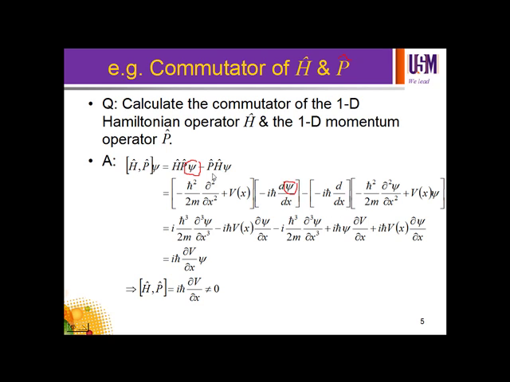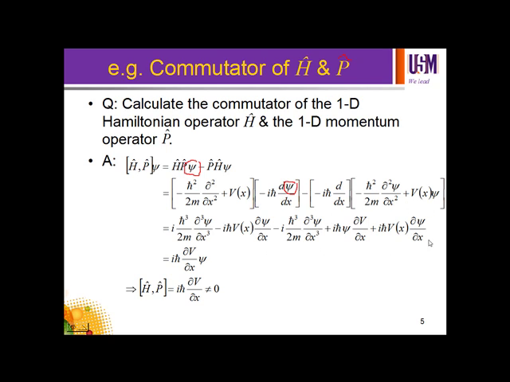Then minus the opposite, that means negative i h bar d per dx, multiplied by negative h bar squared per 2m, d squared psi per dx squared plus V psi.